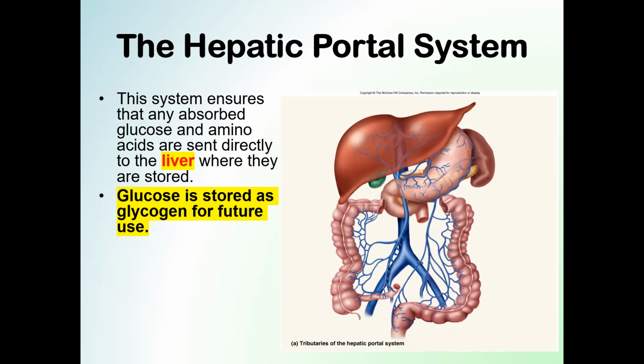Now, I haven't got the time to talk about the osmosis that is caused by glucose. If the liver only stored glucose as glucose, it would burst after the first time. The liver would just burst. The cells would burst because a lot of water will be drawn in through osmosis. But if you join all these glucose molecules into one massive molecule, it does not produce an osmotic pressure.